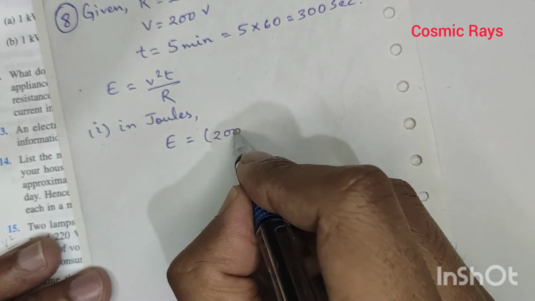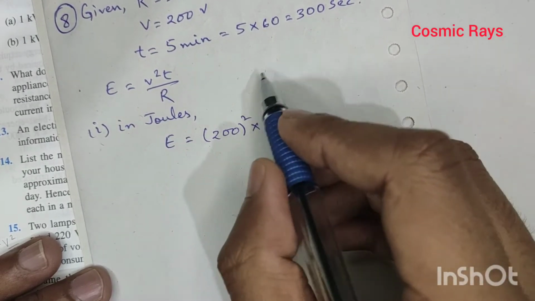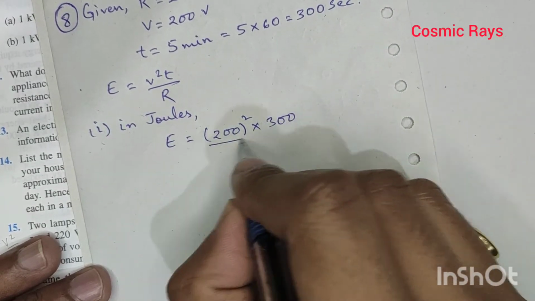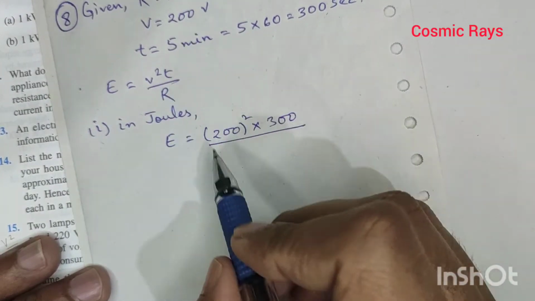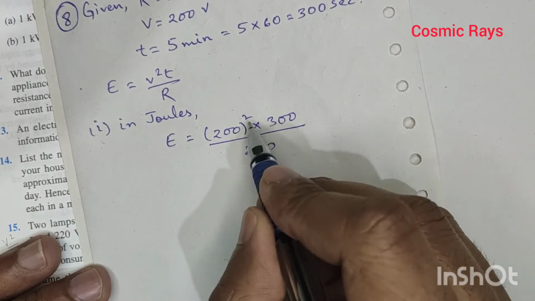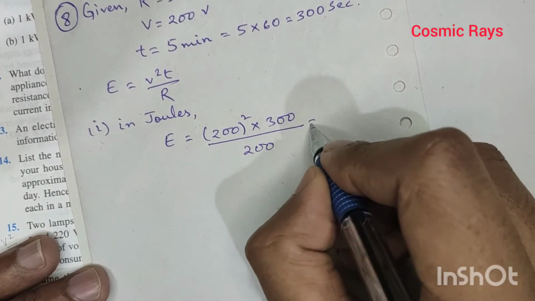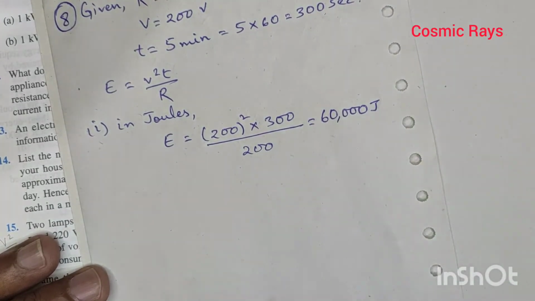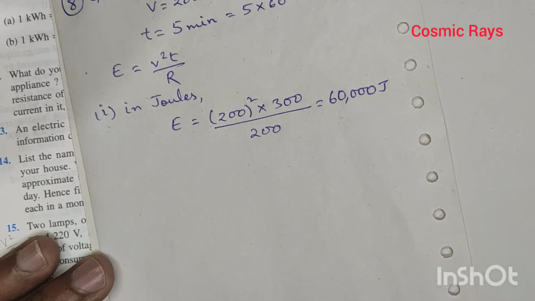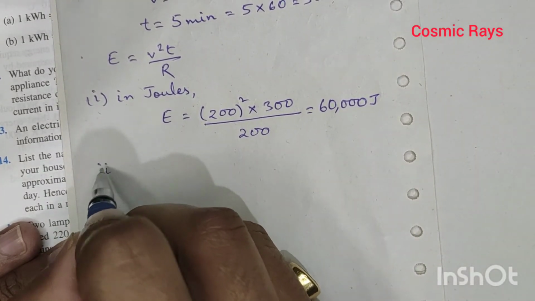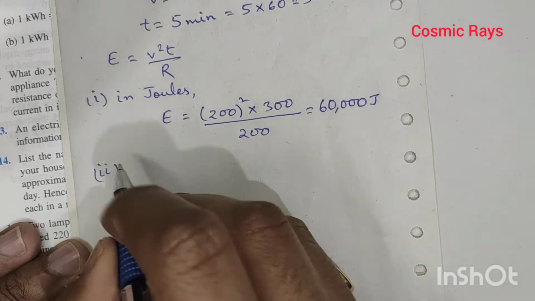So 200 square multiplied by the time, that is 300 seconds, divided by the resistance R, which is again 200. So 200 and square will cancel out. 3 into 2 is 6. So it comes to 60,000 joules.